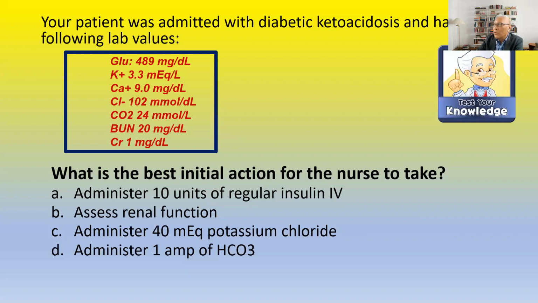Okay, so over here, your patient was admitted with diabetic ketoacidosis and has the following lab values. What is the best initial action for the nurse to take? Okay, I'm now going to do the pulse so that you could indicate your answer.